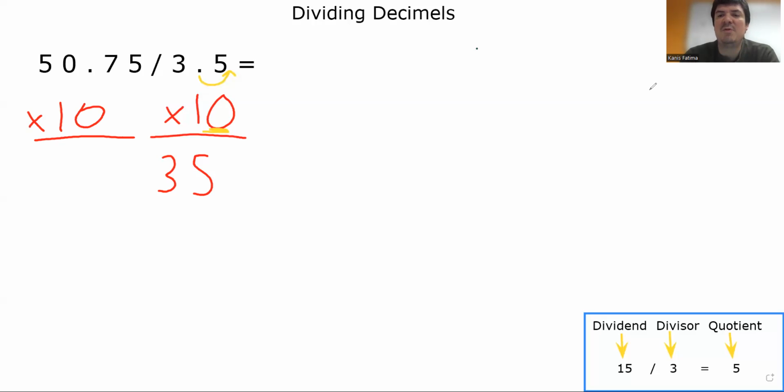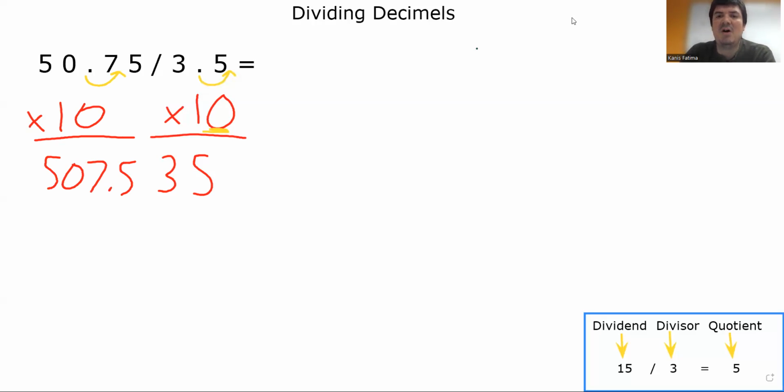Now remember, if you move the decimal over one spot to the right for the divisor, you also just move the decimal one spot to the right for the dividend, right there. So our new number, 50.75 times 10, is 507.5.